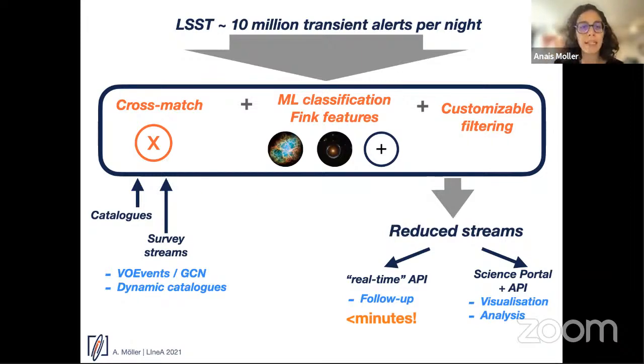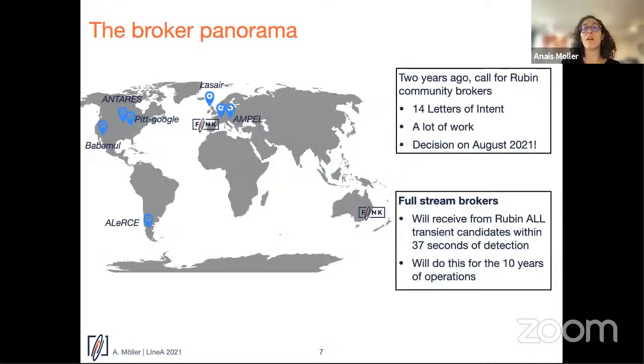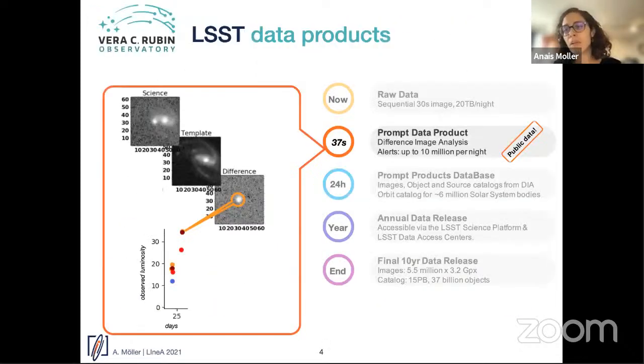I cannot recall exactly what the official threshold of LSST is, but it will have to be over a 3 sigma or 5 sigma detection threshold. So if it's a star that varies very little, you won't see it.